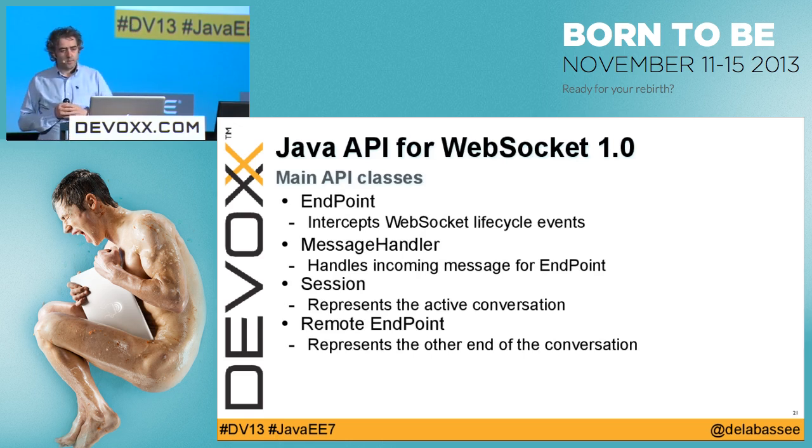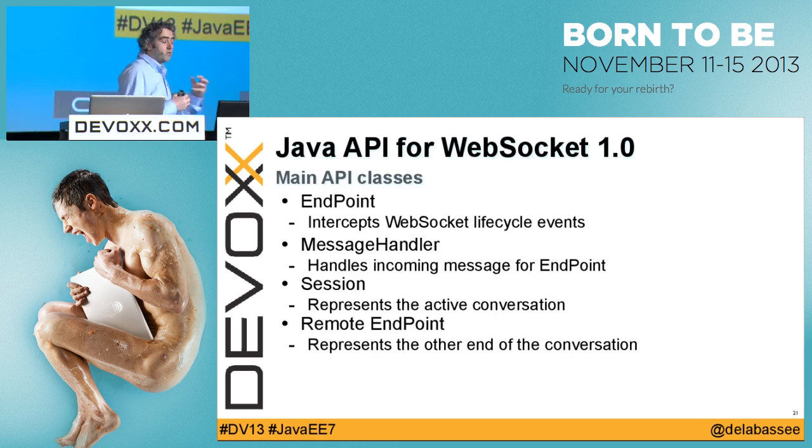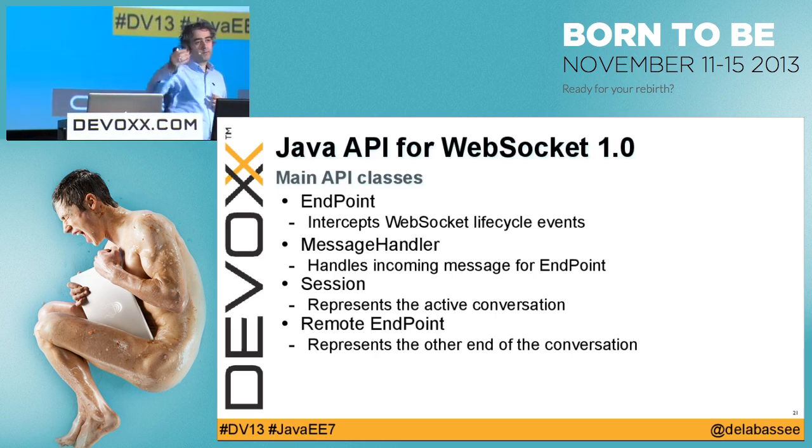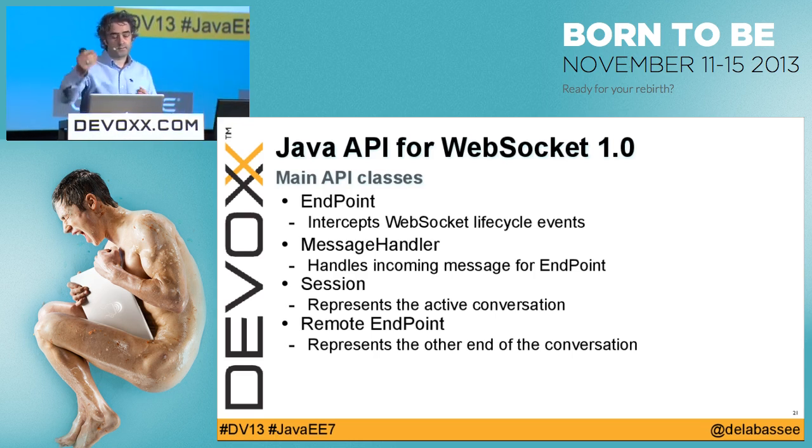So this is an example. So, no, sorry, this is not an example yet. A few notions. The WebSocket API is very simple. We have the notion of endpoint. An endpoint is basically one side of the connection. So we have a local endpoint and we have a remote endpoint. If you are on the server, the remote endpoint is the client. We have the notion of session.